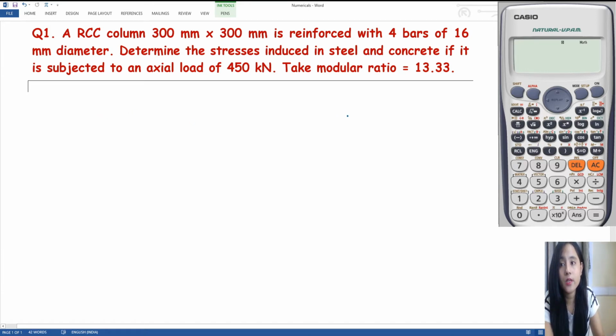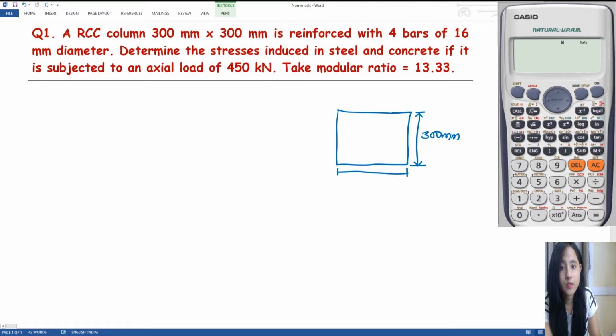So what is given here? An RCC column is given, and its dimension is 300 mm by 300 mm. It is reinforced with 4 bars of 16 mm diameter.